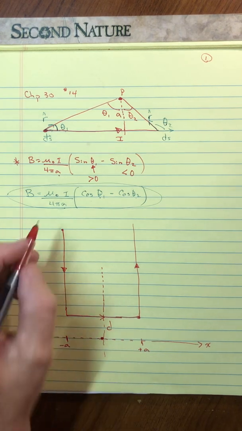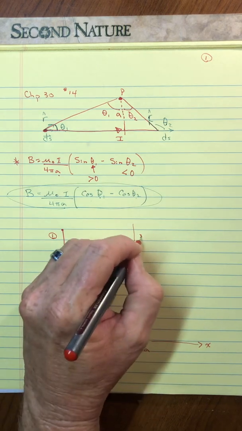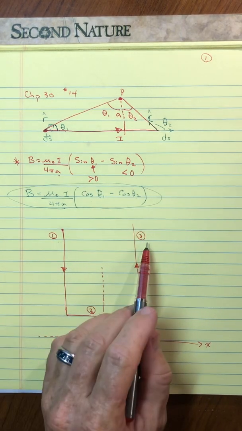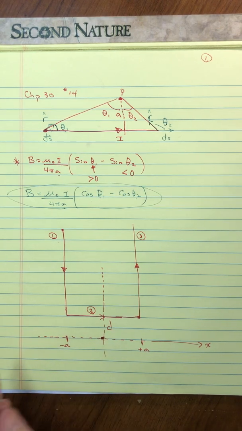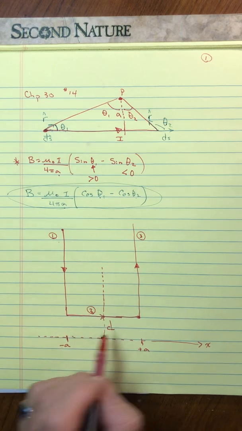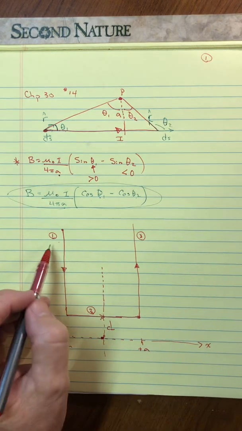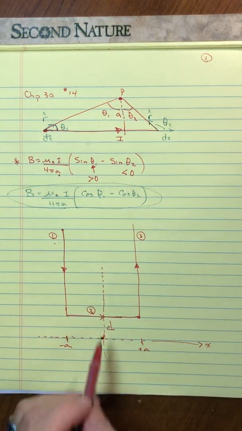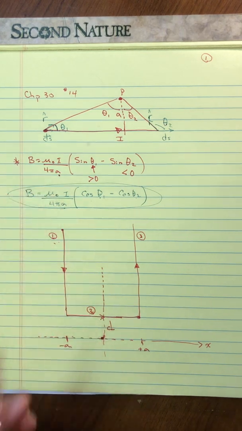When I label this as wire 1, and this is wire 2, and this is wire 3, wire 1 and wire 3 are a perpendicular distance of A away from this point, but wire 2 is a perpendicular distance of D. And so this A is going to be A for both wire 1 and 3, but it's going to be a D for wire number 2. So keep that in mind.